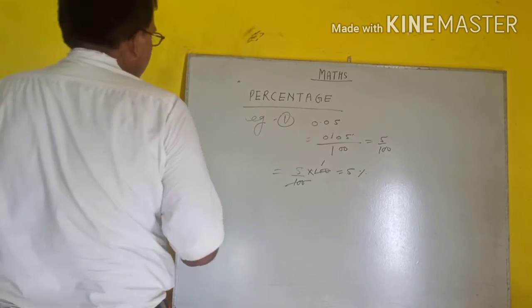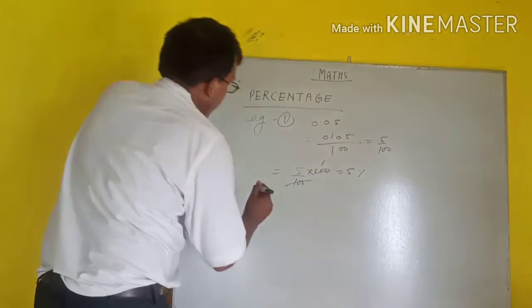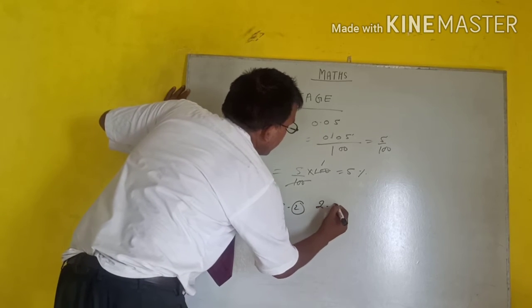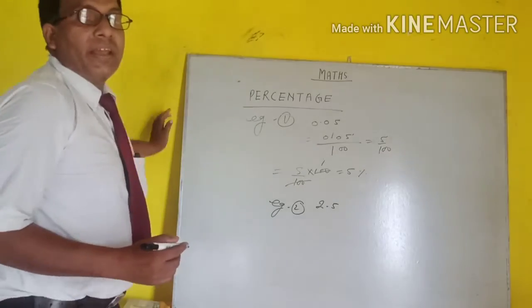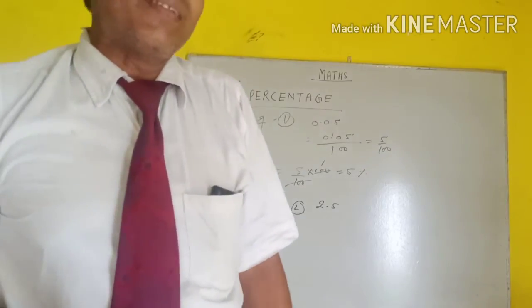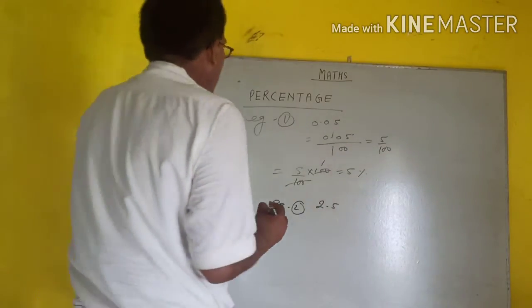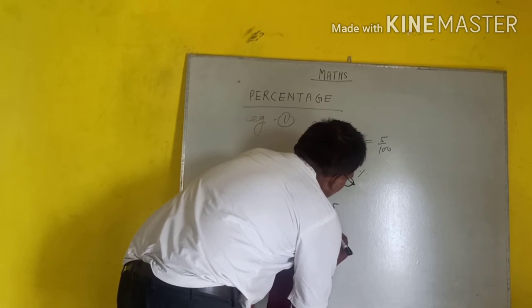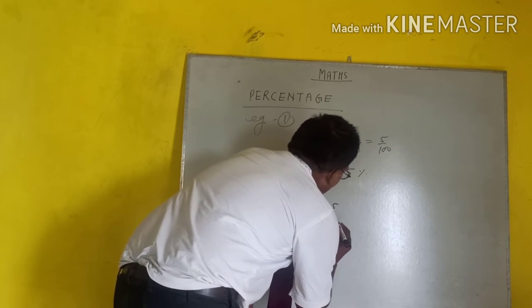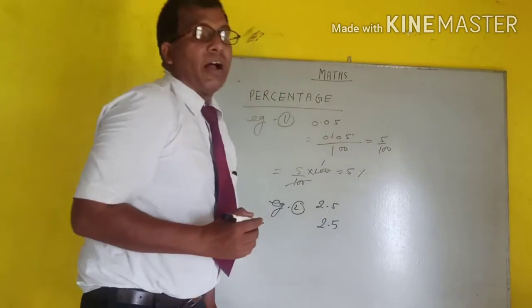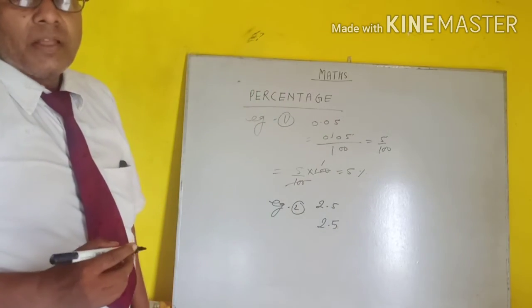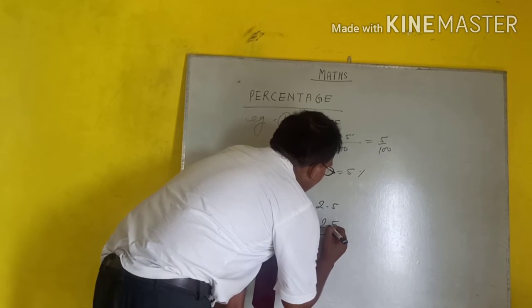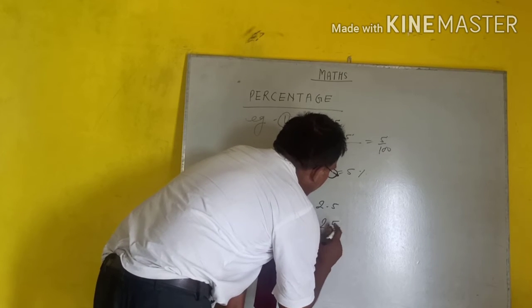Now I take another example. Example second. If there is written 2.5, how do you convert it into a percentage? First you convert 2.5 into a fraction. Under the decimal you write 1, and after 1 decimal place you write 10.